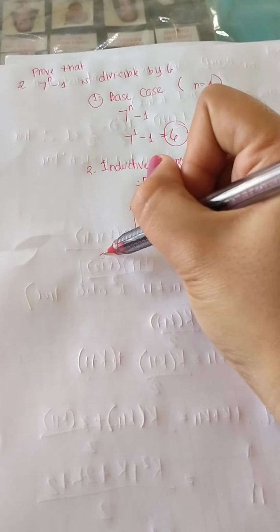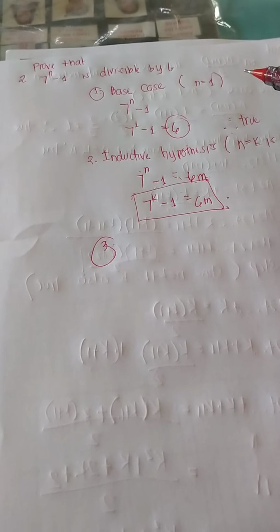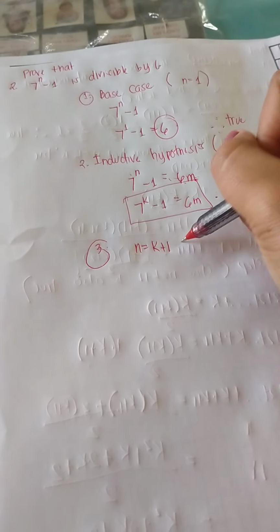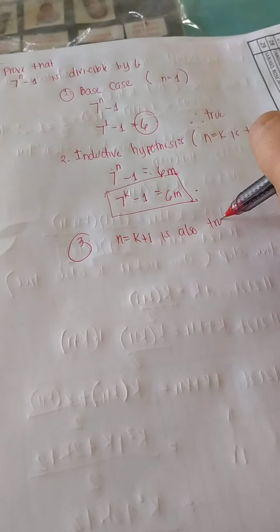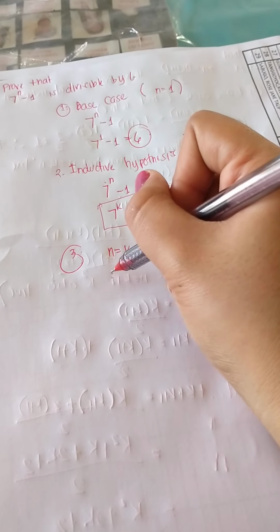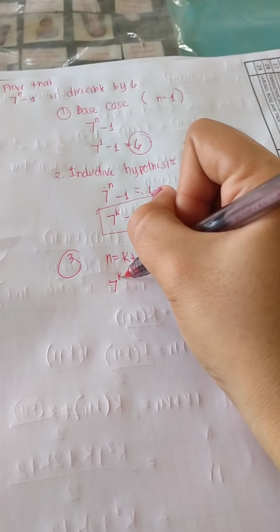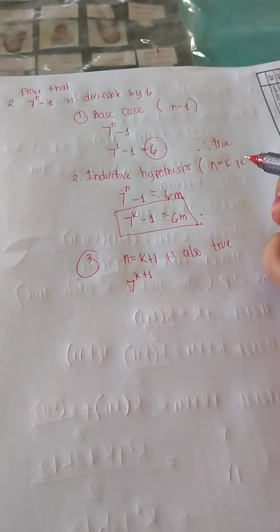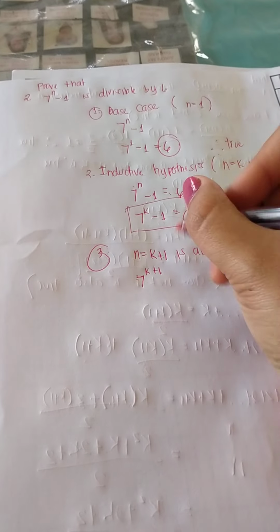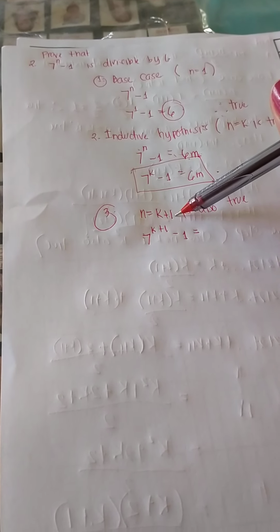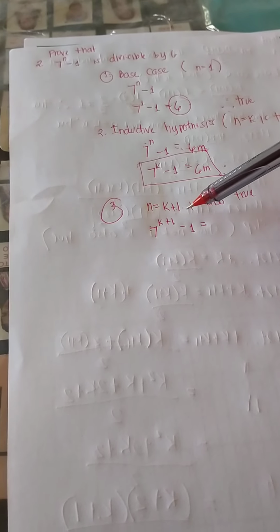Next is the inductive step. We will show that n equals k plus 1 is also true. So, the original given is 7 to the power of k plus 1 minus 1. In the inductive step, we show that n equals k plus 1 is also true.